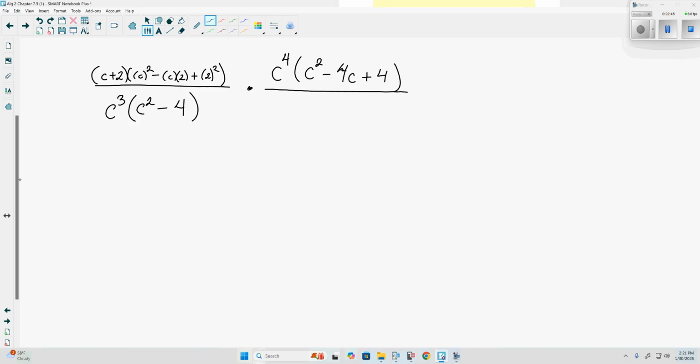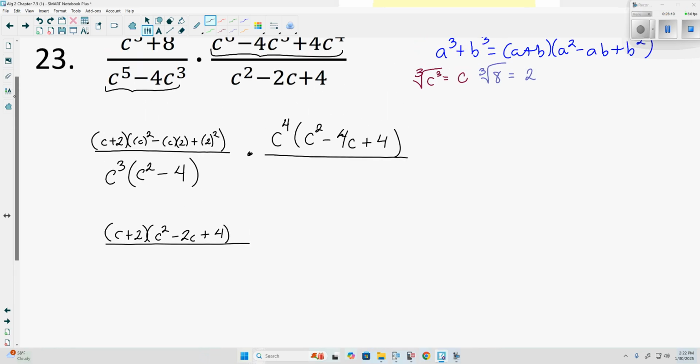Now that second set of parentheses with that quadratic is kind of looking familiar, yes? Not that we've seen it before, but c squared is what? C squared minus c times 2 is 2c, and 2 squared is 4. Oh, wait a minute. What do we have on bottom?